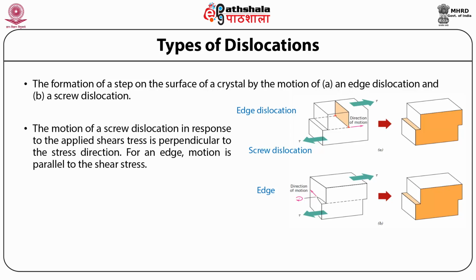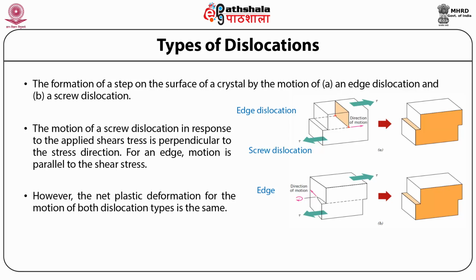The motion of a screw dislocation in response to the applied shear stress is perpendicular to the stress direction. For an edge, motion is parallel to the shear stress. However, the net plastic deformation for the motion of both dislocation types is the same.